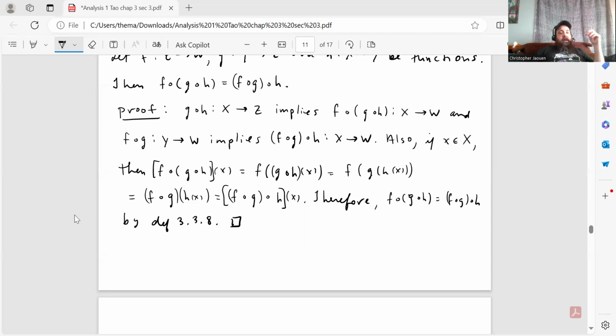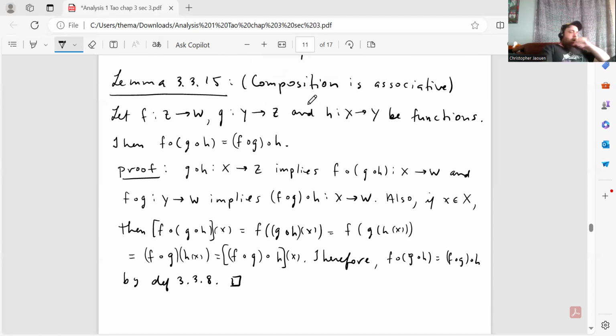And that's the same thing as (f∘g) evaluated at h(x), which is the same as the function (f∘g)∘h evaluated at x, just using the definition of composition. Therefore, the two functions match at each element of the domain. Therefore, by definition 3.3.8, the two functions are equal. Therefore, composition is an associative operation.